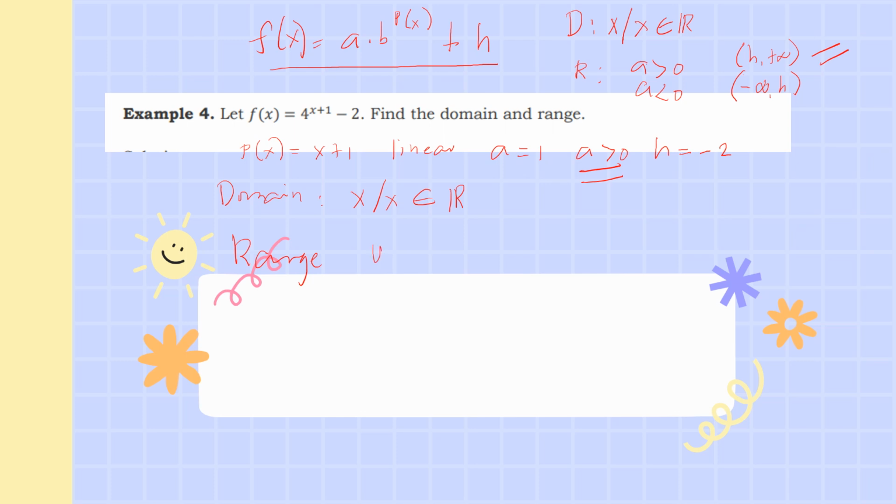So this is y such that y are elements of real number and y is greater than negative 2. In interval notation, this is negative 2 to positive infinity. In this case, sa domain, ang interval notation nito ay negative infinity to positive infinity.